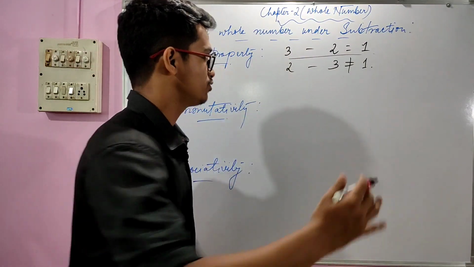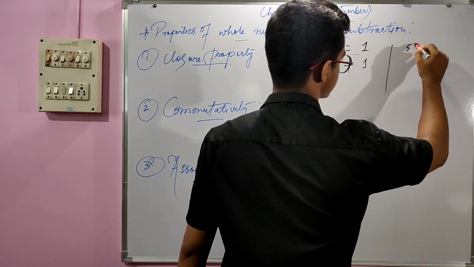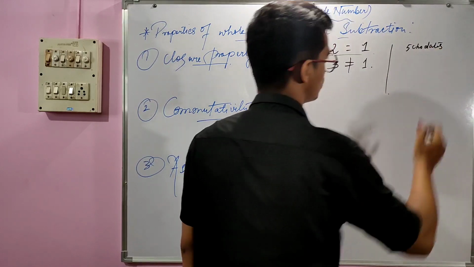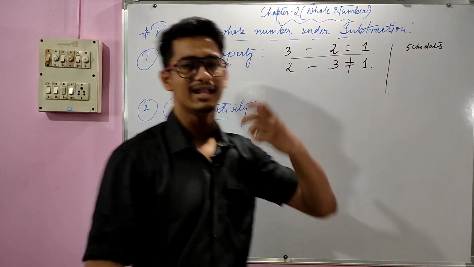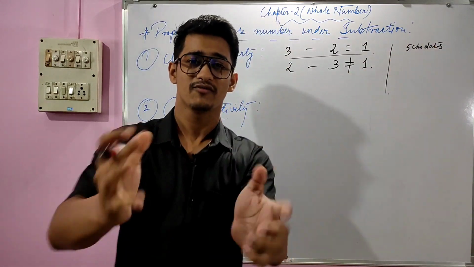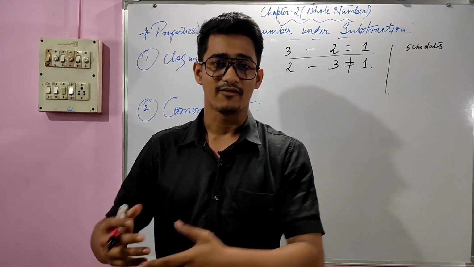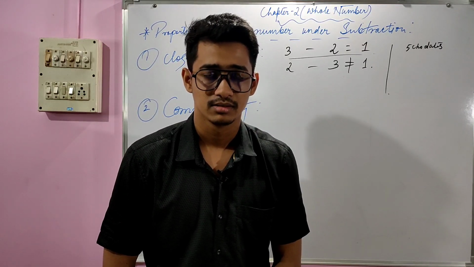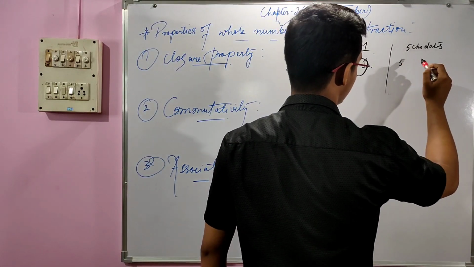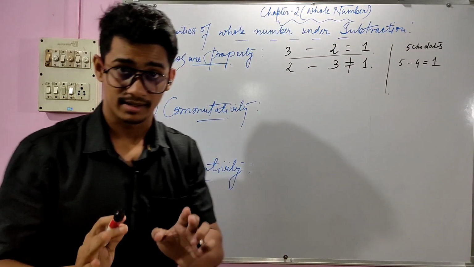So if you have 5 chocolates, and I demand that you give me 4 chocolates, how many will remain after giving 4 chocolates? Definitely if I take 4 chocolates from you, then 1 chocolate will remain, right?